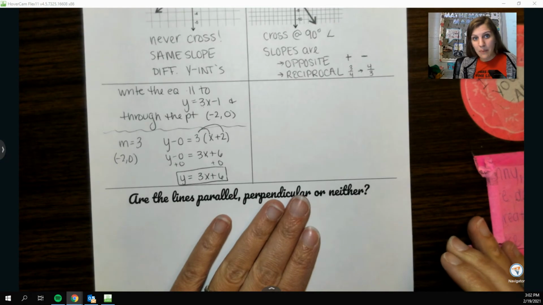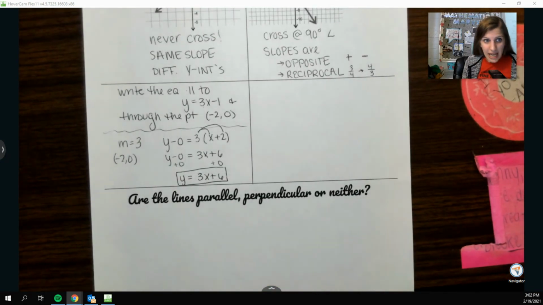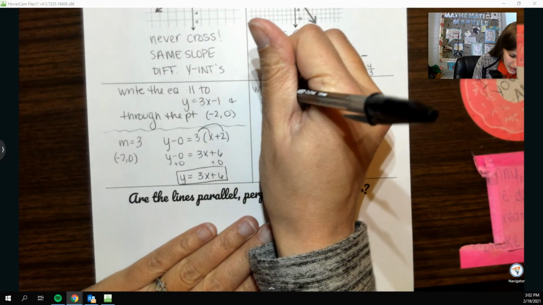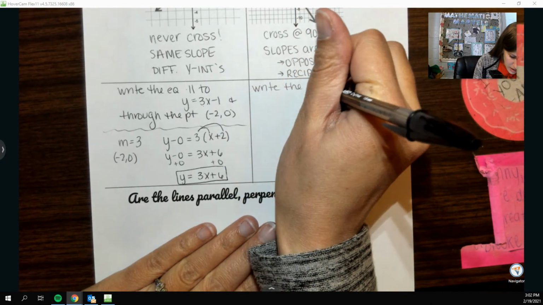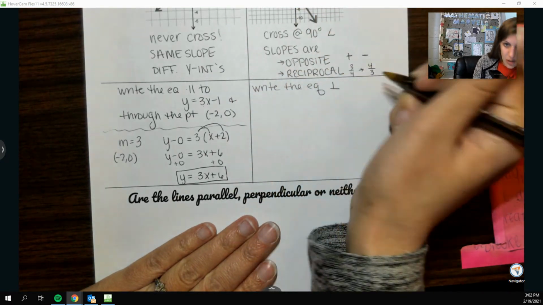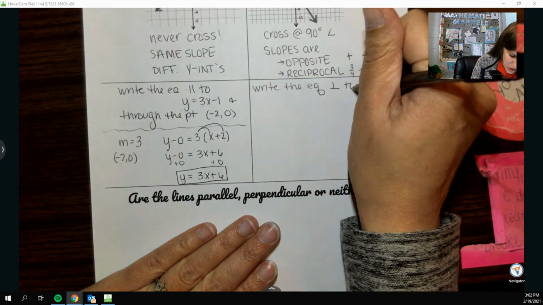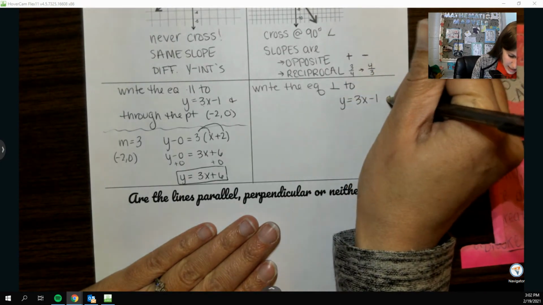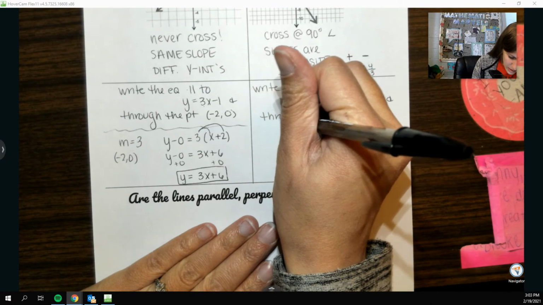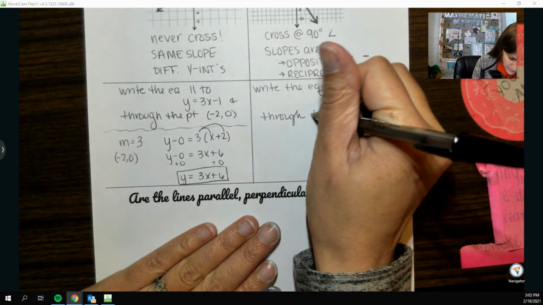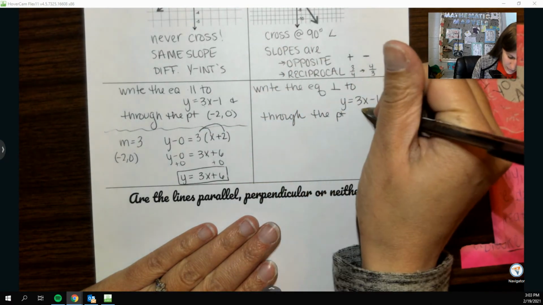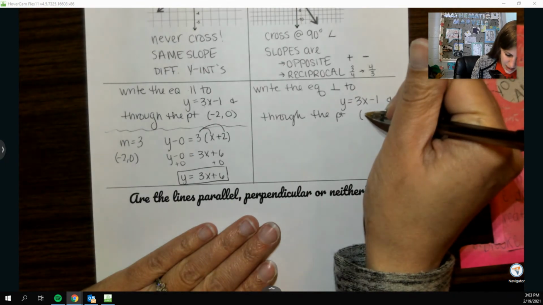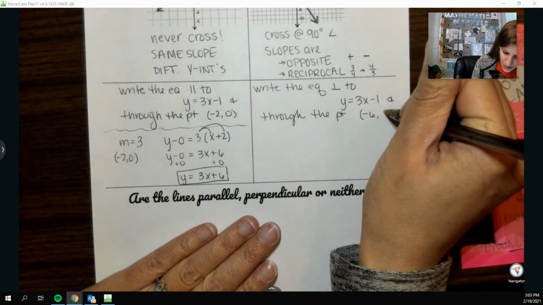Now, another example, a perpendicular case, is if I wanted to write the equation perpendicular to, or upside down t, to y equals 3x minus 1, and through the point -6 comma 1.